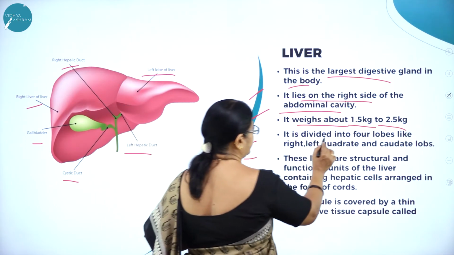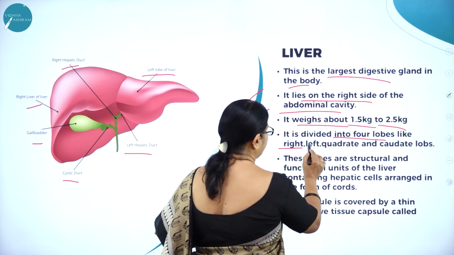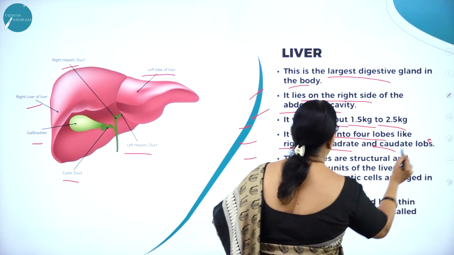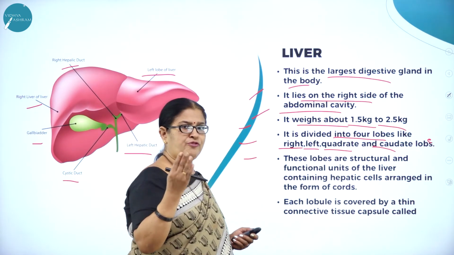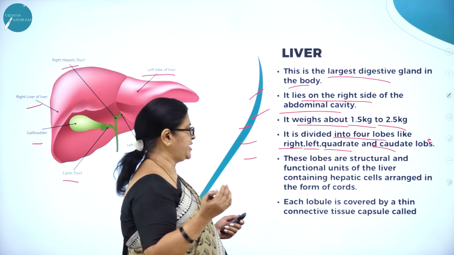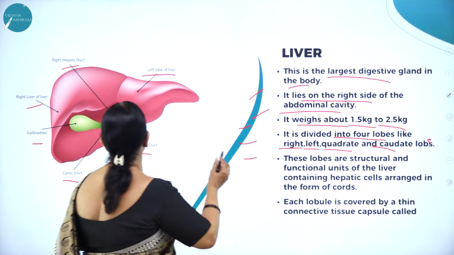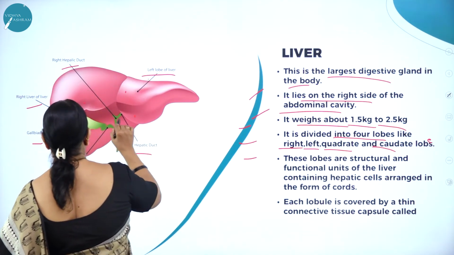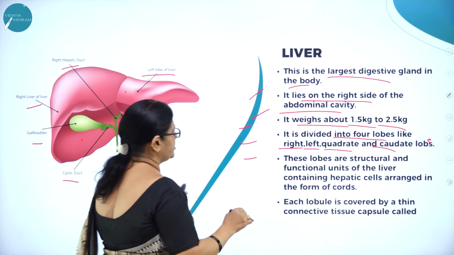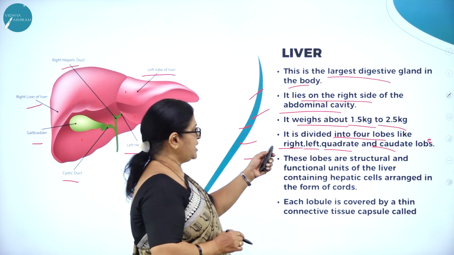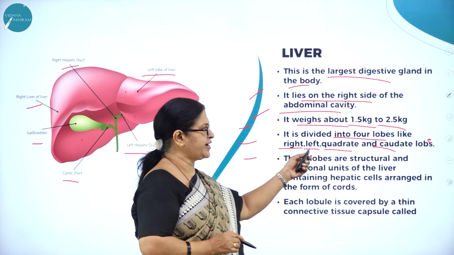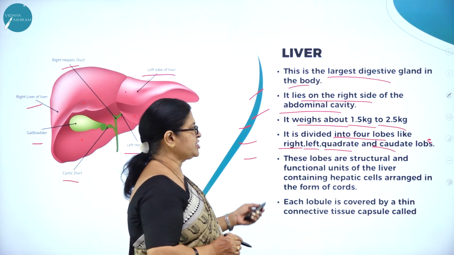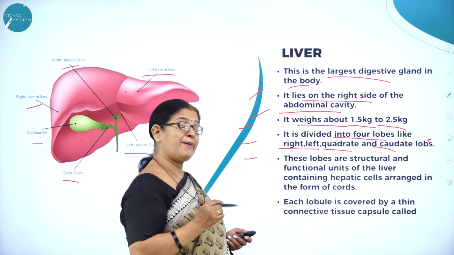It is divided into 4 lobes: right, left, quadrate and caudate lobes. Here you can see the 4 lobes, 1, 2, 3 and 4. These lobes are structural and functional units of the liver containing hepatic cells.